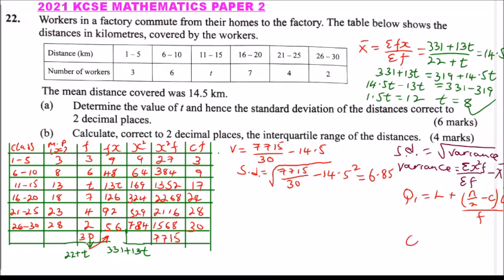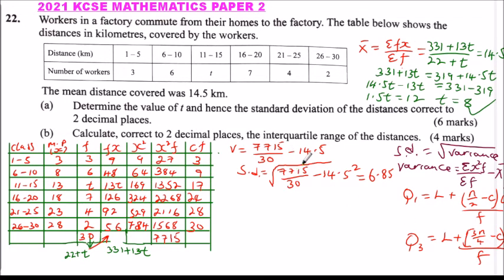For Q3, we say this is equal to L, the lower class limit of where the quartile lies, then we have 3n over 4 minus c. Close the bracket, we multiply by the interval and we divide by frequency.